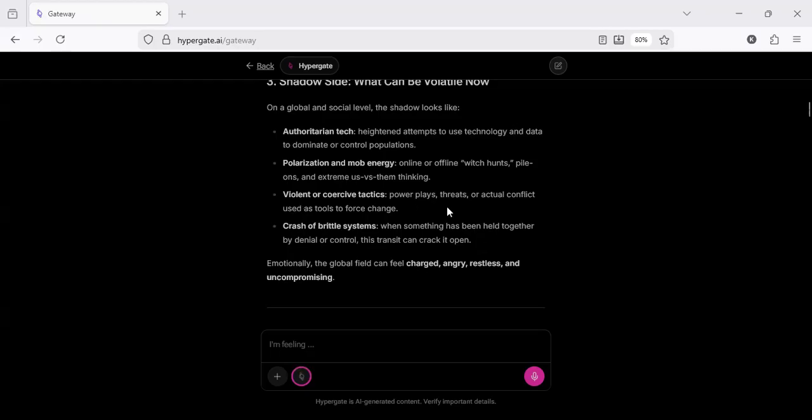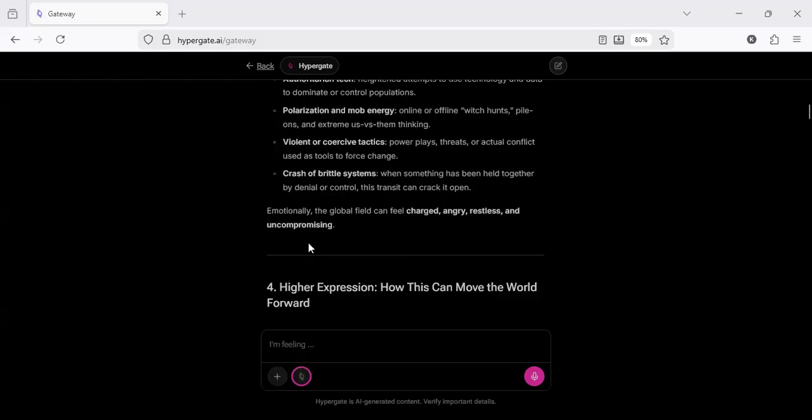Okay, violent or coercive tactics: power plays, threats, or actual conflict used as tools to force change. Crash of brittle systems: when something has been held together by denial or control, this transit can crack it open. There's Pluto, right?